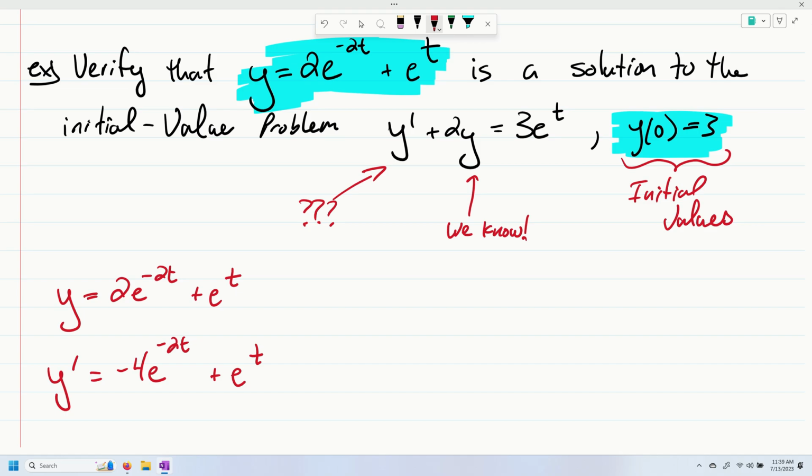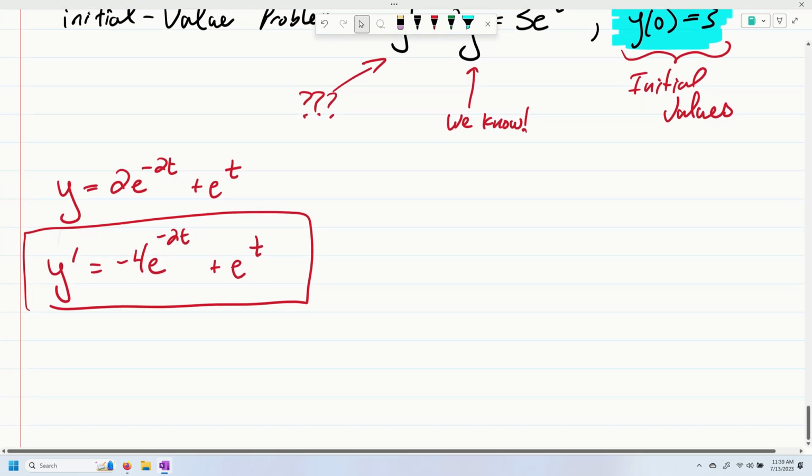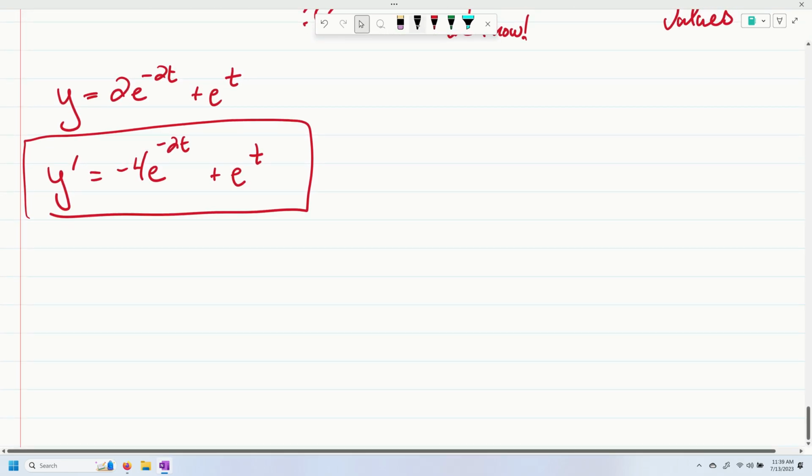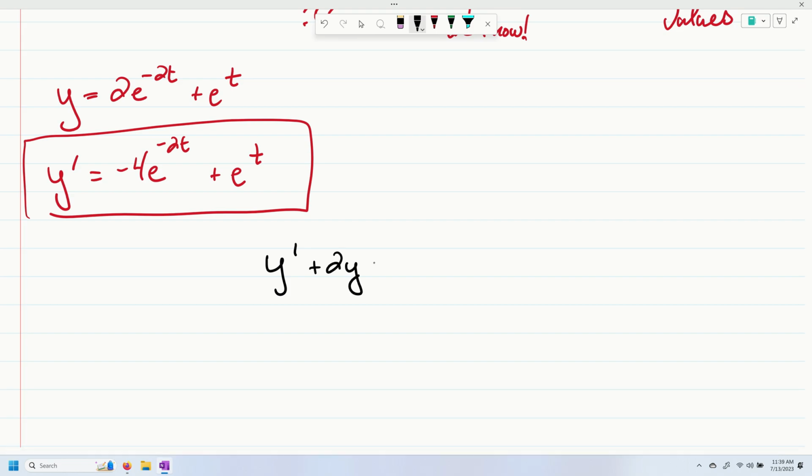Next, we are going to substitute both y prime and y into the differential equation to verify that we get 3e to the t on the left and 3e to the t on the right. So let's go ahead and do that. So y prime plus 2y is going to equal, let me put my parentheses first, make my substitution.